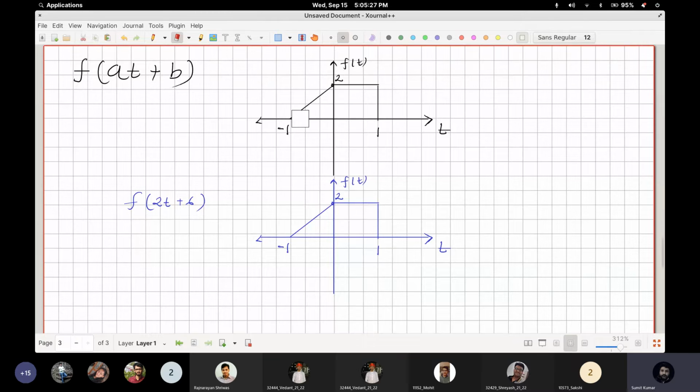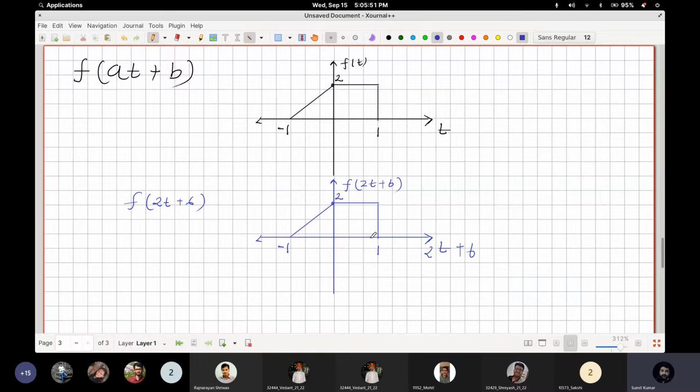Now what will I do? I have to write f of 2t plus 6. This was f of t versus t. If I write here, let me replace this t by 2t plus 6, then this will automatically become f of 2t plus 6. Is this clear? What did I do to t? I replaced t with 2t plus 6.